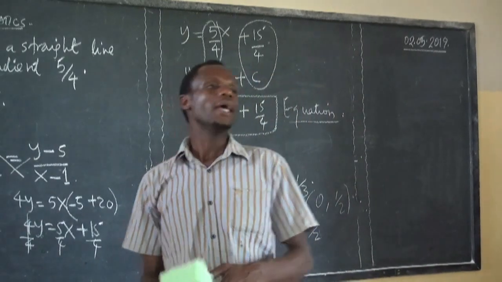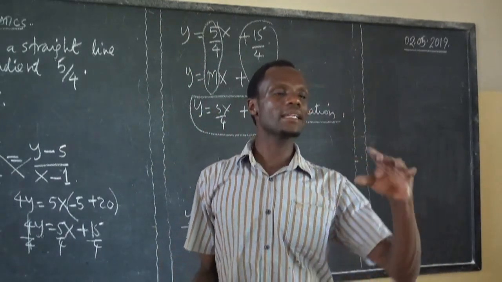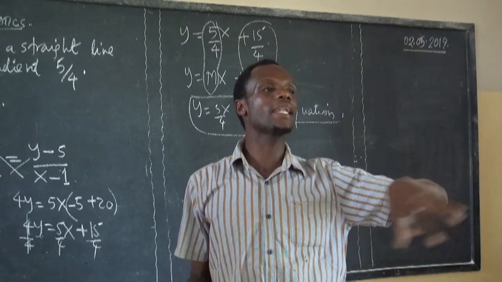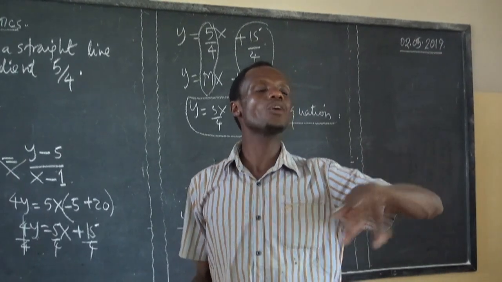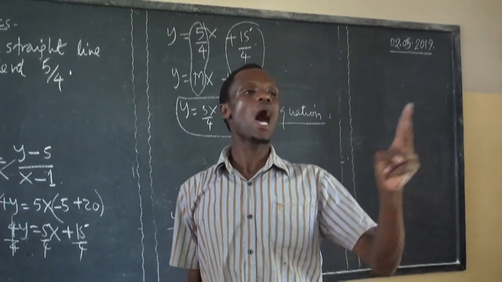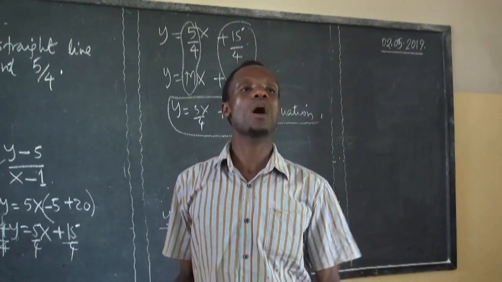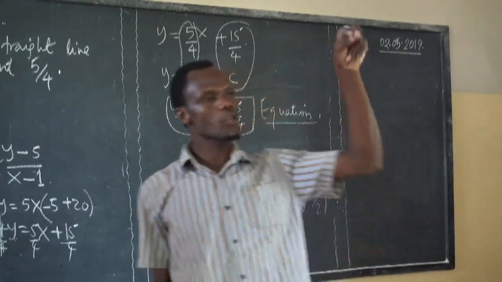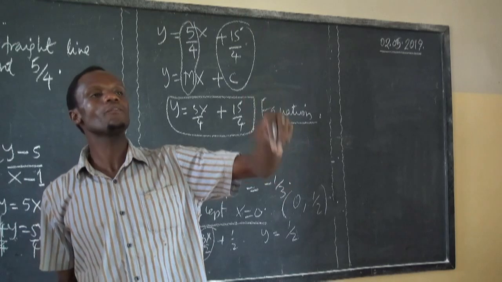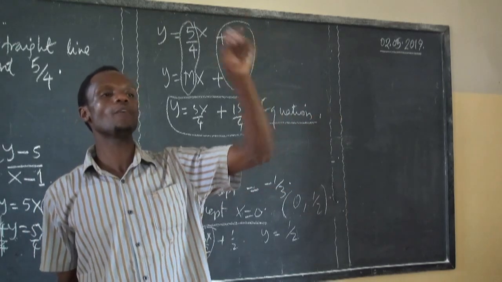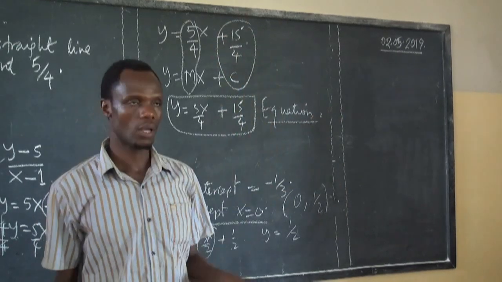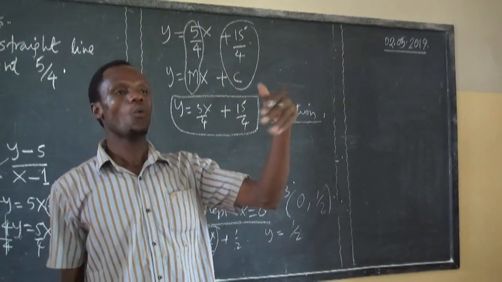So in short, the way we determine an equation depends on two factors. You should have one point and you should have the slope. If the slope is absent, you definitely use the formula for determining the slope. After you have got the slope, what next?